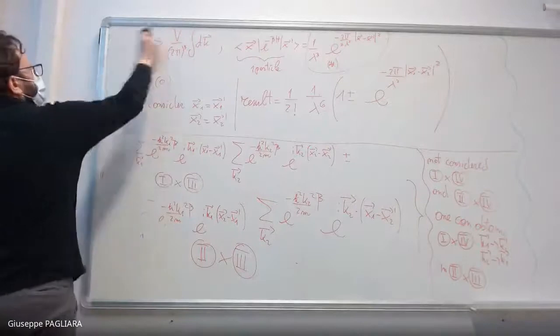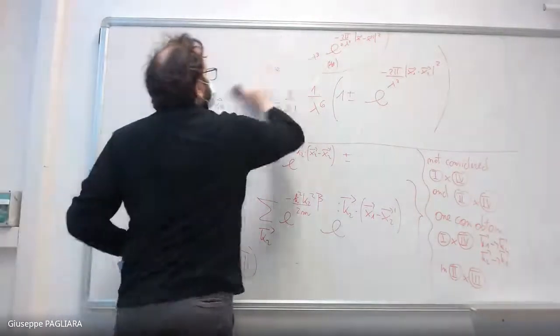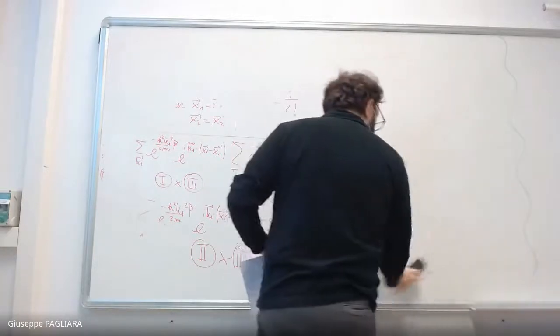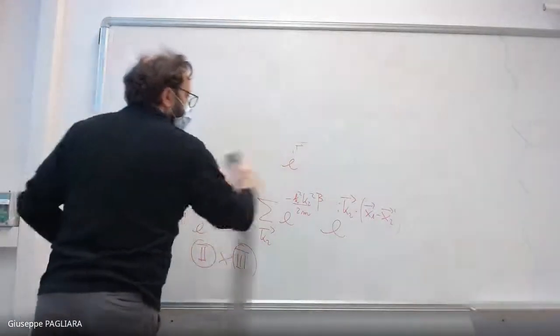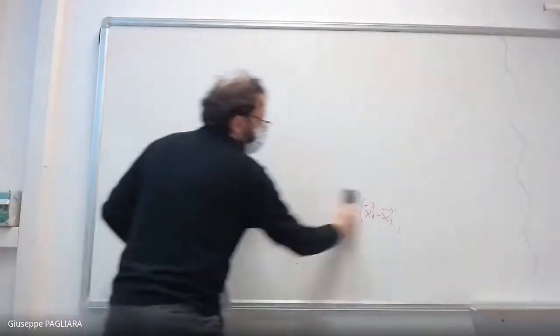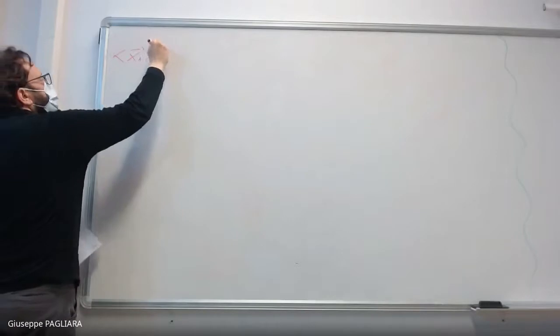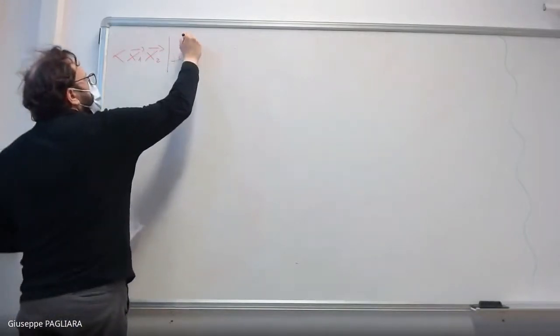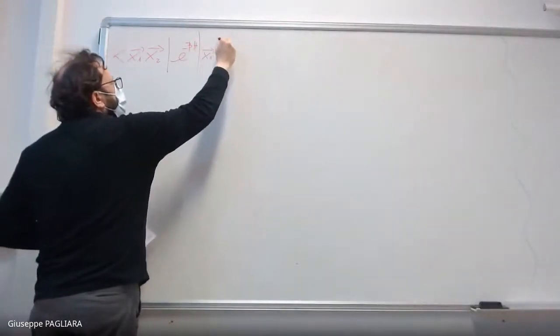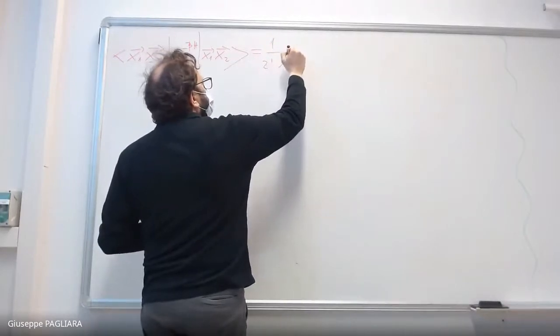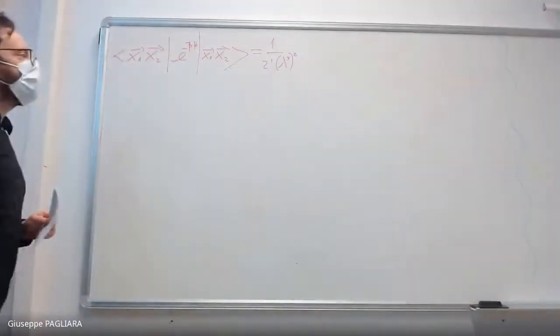So now let me collect the result. What we were computing was the matrix element, but actually I'm considering just the diagonal terms, ⟨x1, x2|e^{-βH}|x1, x2⟩, and the result is the following: 1 over 2 factorial, lambda to the power of 3 and to the power of 2, where I'm stressing the fact that we have 2 particles.